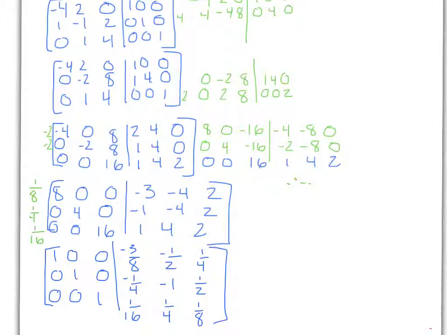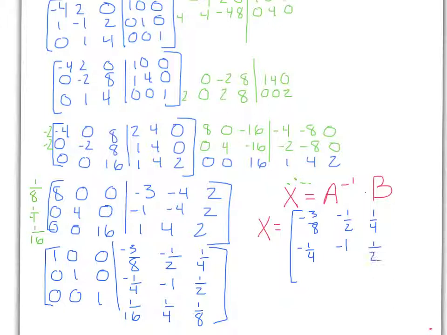The last part of the problem has me solving for x. Remember that x is going to be A inverse times B. So I've got my inverse that I just found. It's all of these fractions, -3/8, -1/2, 1/4, -1/4, -1 and 1/2, and then 1/16, 1/4, and 1/8.